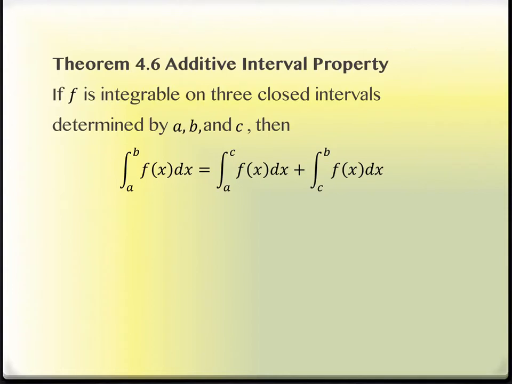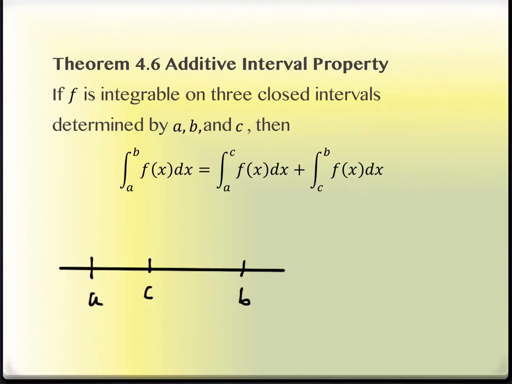And the last one, the one that's probably the most useful to us, talks about what happens if you split the integral apart, or the interval apart. So if we have an integrable function on three closed intervals determined by A and B, it has to be integrable from A to B. If you imagine the way that they're describing it, here's A, and here's B, and C is somewhere in between.